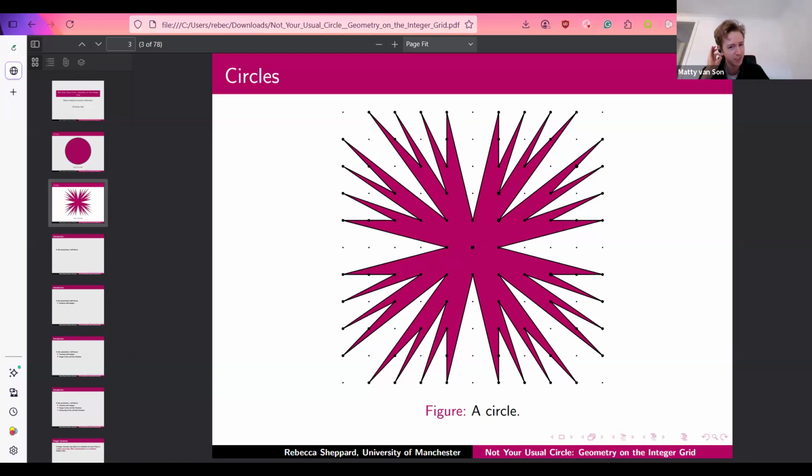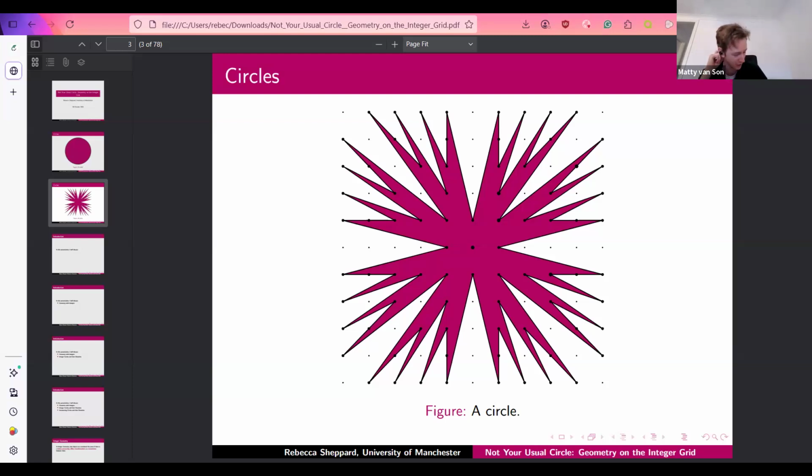And on that point, you call these integer circles, and I have a question, not about the validity of the name, but about how closely they resemble circles.